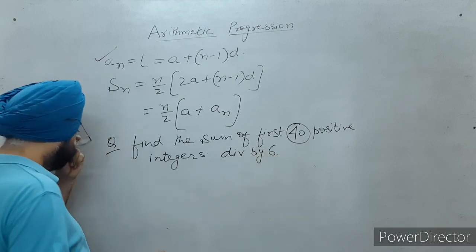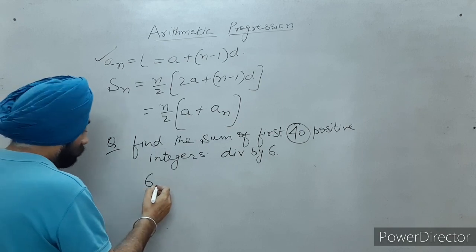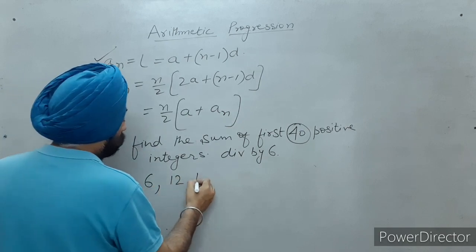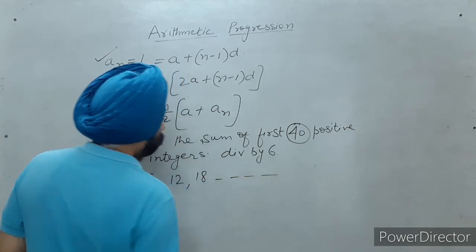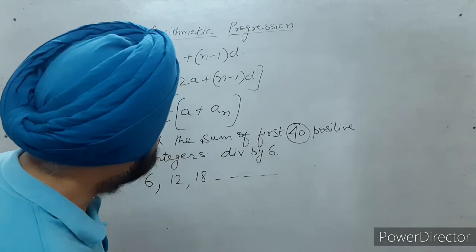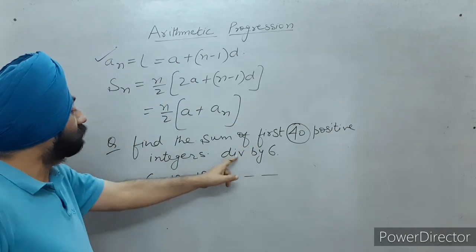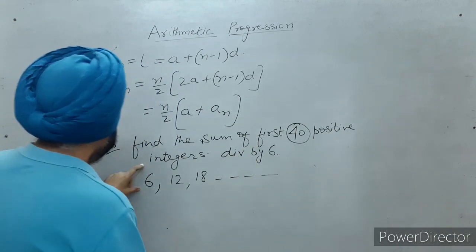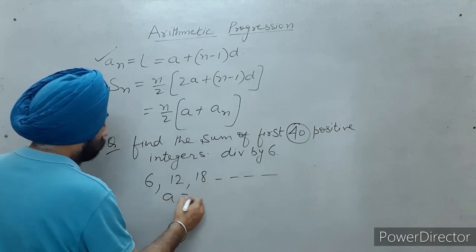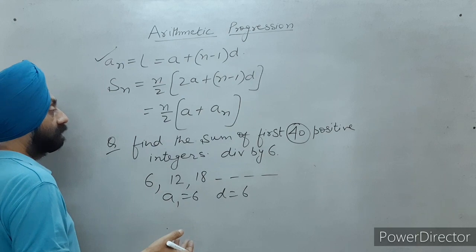Just write the table of 6. That is 6, first term will be 6, right? Then 12, 18 and so on. Now I need the sum of the 40 terms, integers divisible by 6. First term 6, common difference again 6, 12 minus 6 is 6.